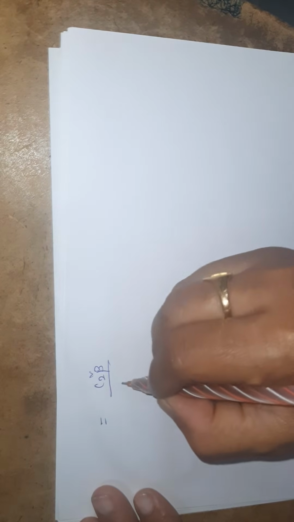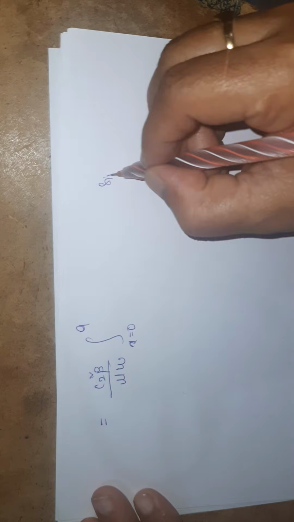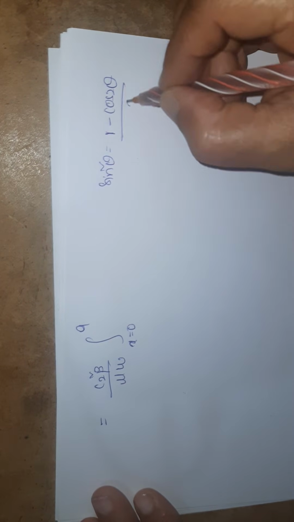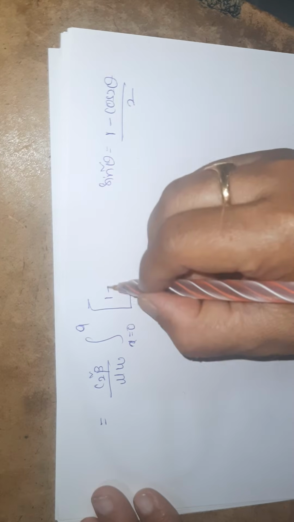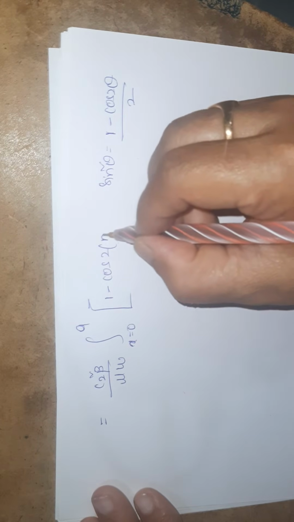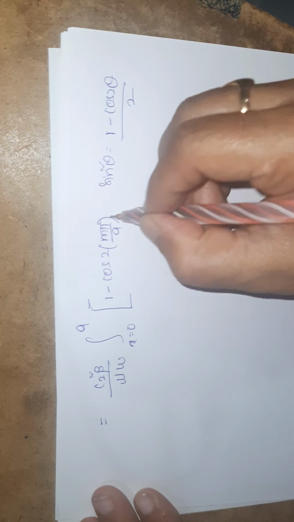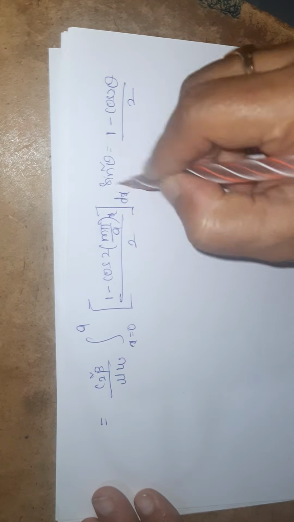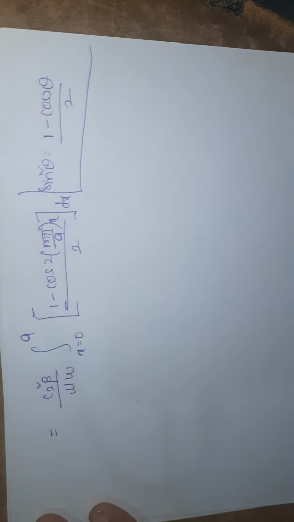So here I'll get C2 square beta by mu omega, integration x is equal 0 to a, sine square theta, which is nothing but 1 minus cos 2 theta by 2. So here 2 theta is m pi by a into x, divided by 2, and we are integrating along the x direction.